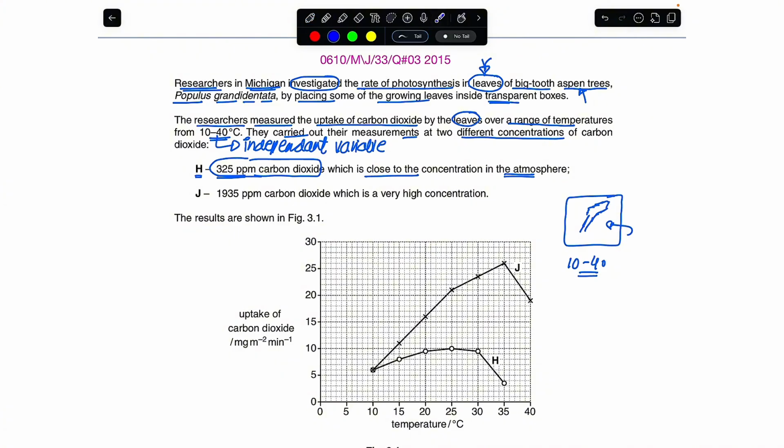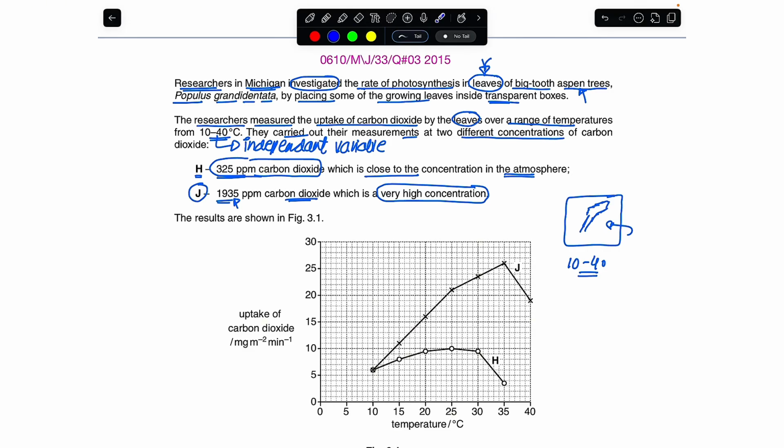After providing this much carbon dioxide, we would change the temperature from 10 to 40 degrees centigrade. Likewise, we would repeat it with the same transparent box, and we would label it J. Now we would keep the concentration of carbon dioxide at 1935 parts per million, and they say that this is a very high concentration of carbon dioxide. Again, the temperature would be varied from 10 to 40 degrees centigrade.